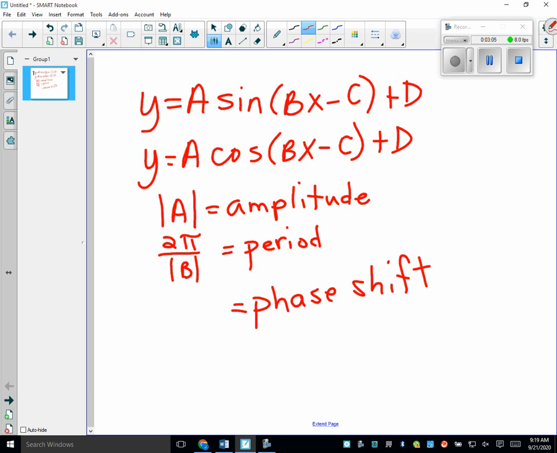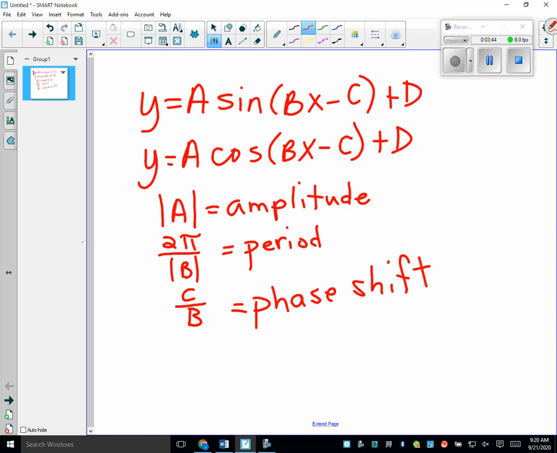The phase shift is C over B. Now notice it is a minus.